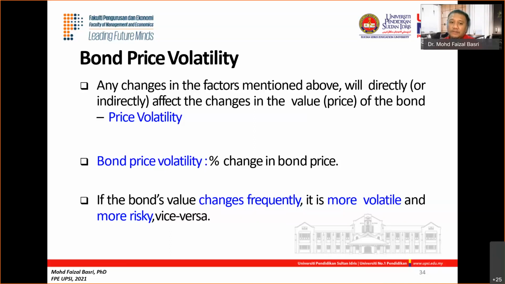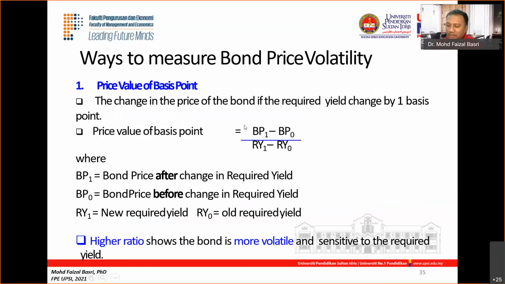Okay, so if the bond's value changes frequently, therefore it is considered more volatile and therefore more risky. As an investor, obviously we don't want to have a very volatile bond price movement. All right, so there's a few measurements that we can use to measure bond price volatility.